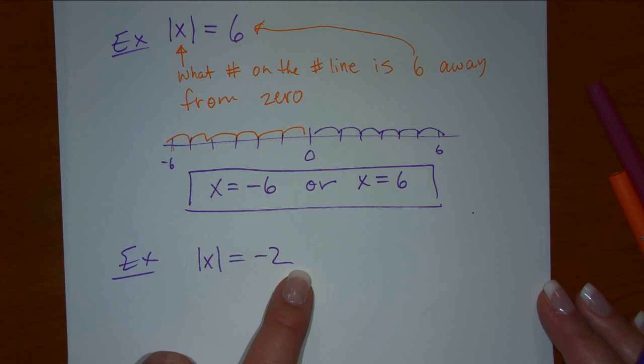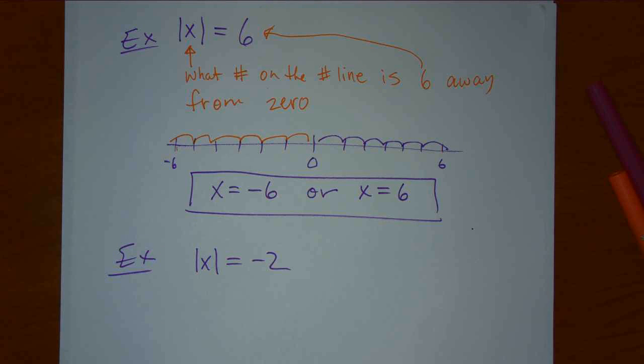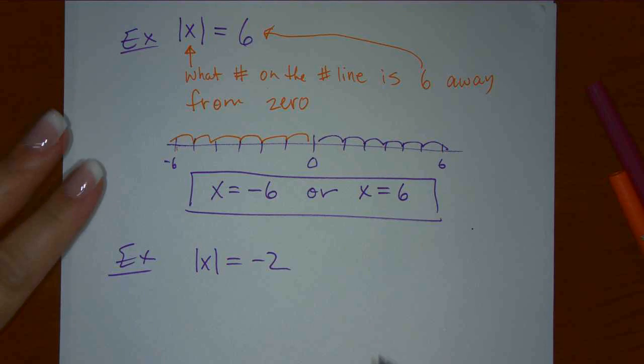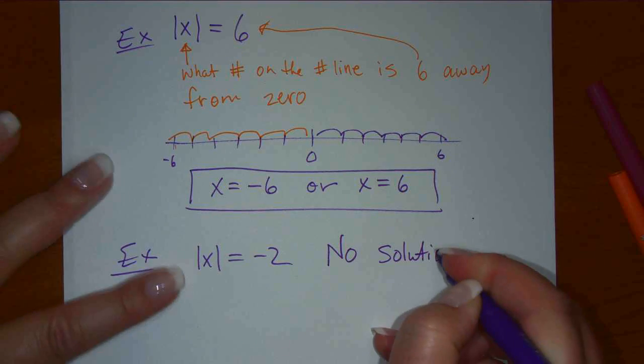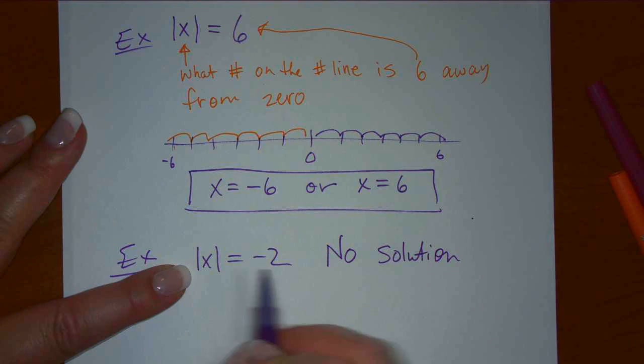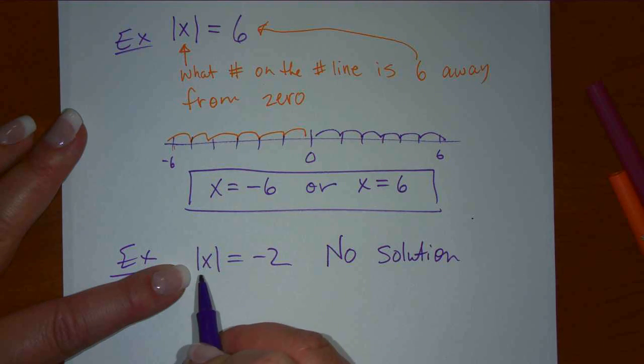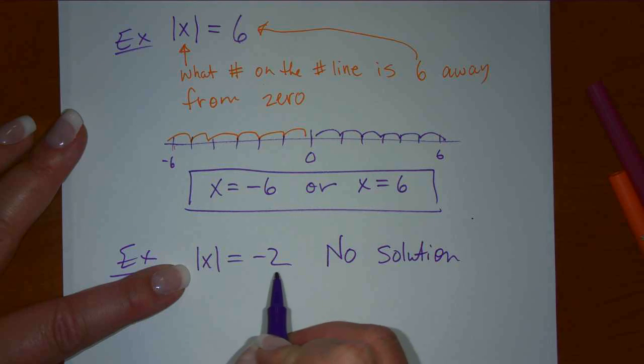There's no such thing. You can't have a distance of -2. There is no -2 on a ruler. You can't measure -2 units away from something. So there's no solution. I can put a 2 in here, but I would get a 2 as the answer. I could put a negative 2 in here, but I would get a 2 as the answer. You can only have positive.